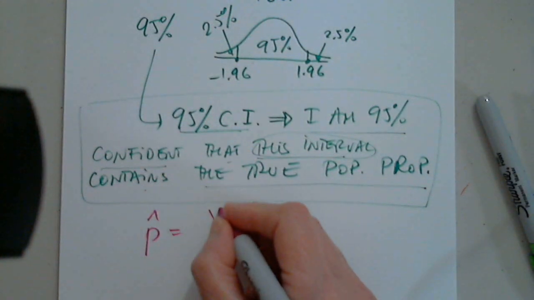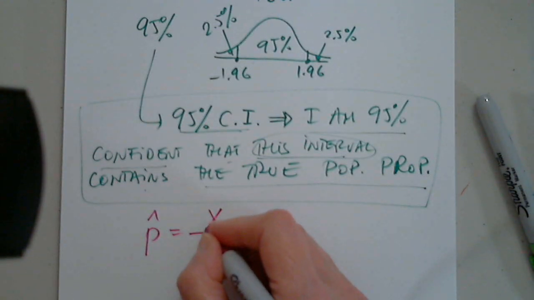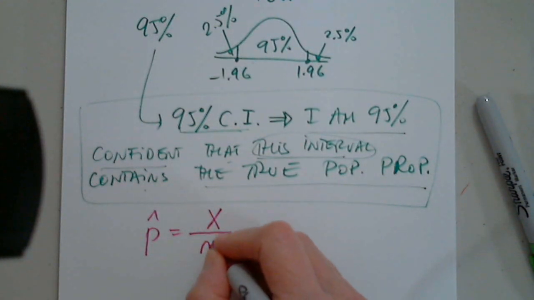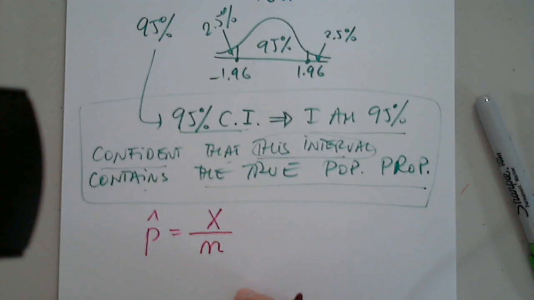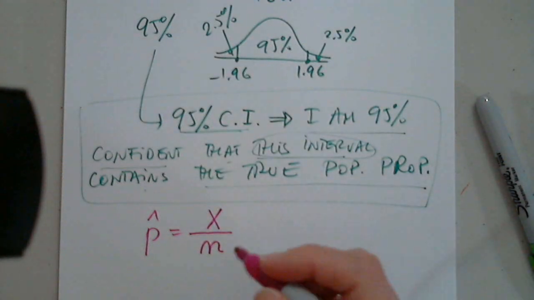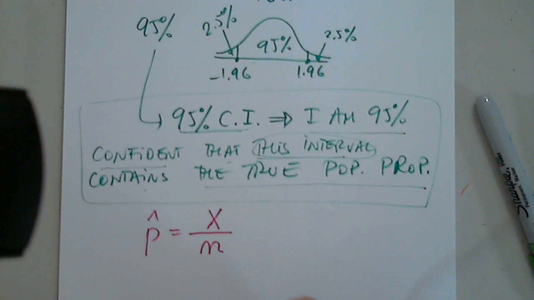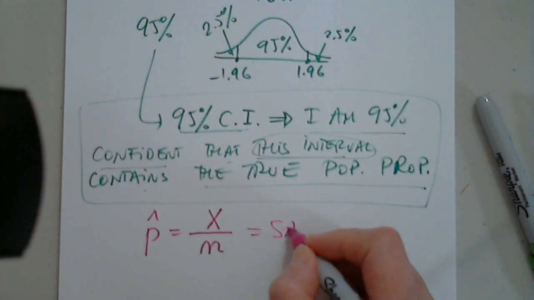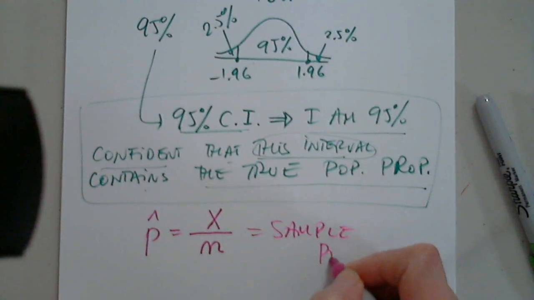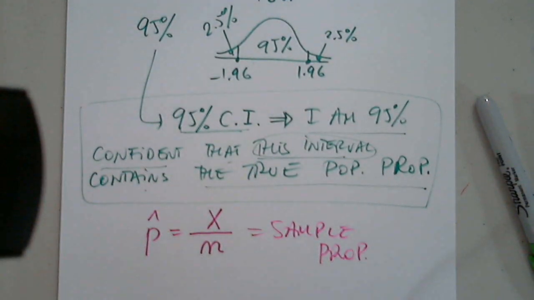It is the number of people with dark eyes in the sample divided by the sample size, or the number of people who are taller than 5 feet over the sample size, or the number of people such and such. So it will give us a proportion. So this is the sample proportion.